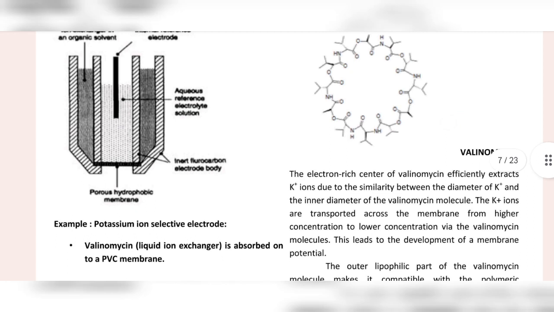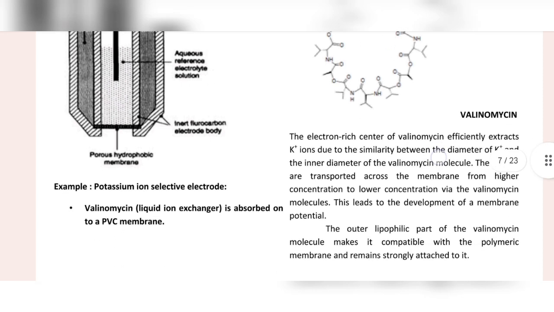The valinomycin has a cavity whose inner diameter is exactly similar to the diameter of the potassium ions, so it can easily trap them. The K+ ions are transported across the membrane from higher concentration to lower concentration via the valinomycin molecule. So this method can be used very effectively for the determination of K+ ion concentration.